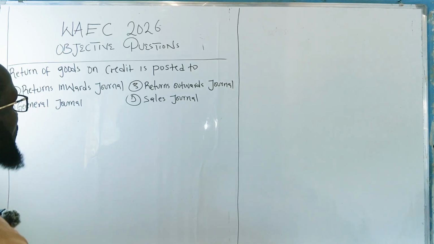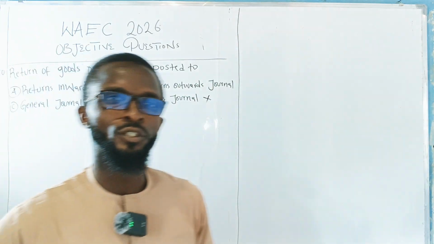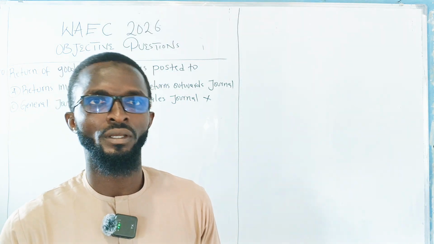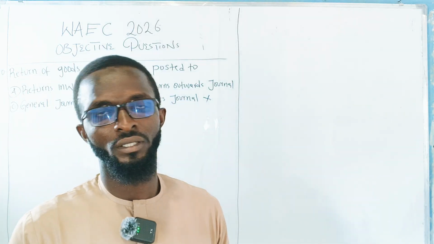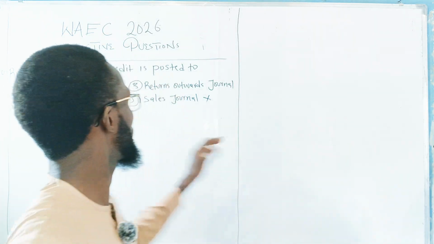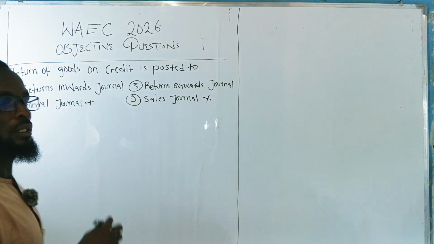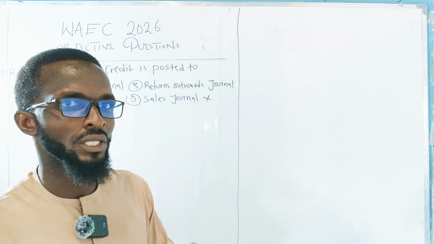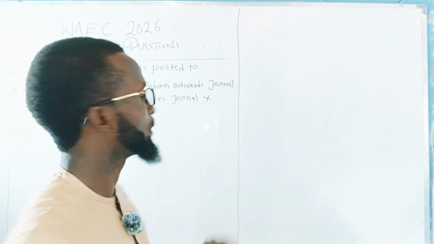The answer will not be sales journal, because this journal is used to record fresh and new sales transactions made on credit. So this is not the answer. And as for C, general journal will never be the answer, because we record only transactions that don't belong to those special journals.